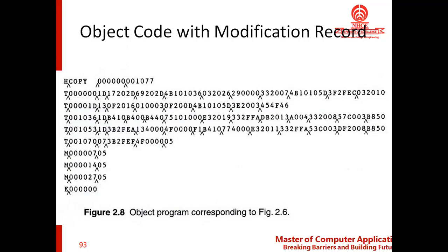The length is given in half bytes, which means 5 digits need to be modified. This information has to be in the object program, so that when it is given to the linker and loader, if there is a program relocation, the changes can be done in these respective places.